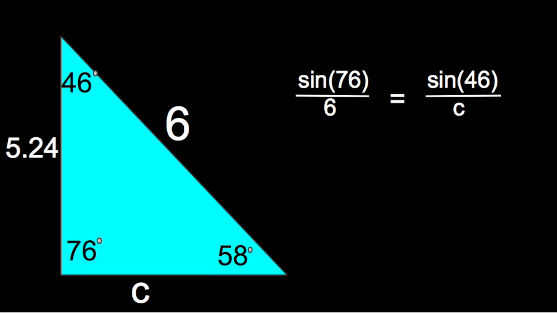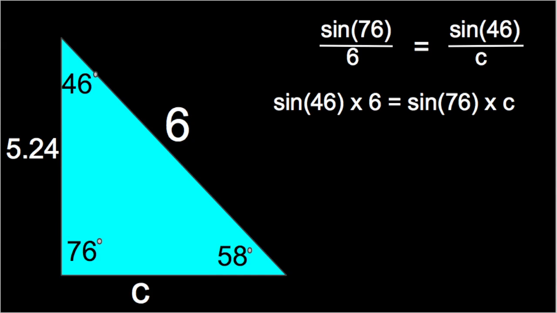Now we can solve for the side length of C. So now we have the information for everything but the side length of C. So now we can put it into our formula and figure out our last missing side length. So now we can take the sine of 76 over 6 like we did in our first problem, but this time we equal it to the sine of 46, which is the angle measurement of C, over the side length of C. Now we need to cross multiply so that we can figure out our last missing side length.